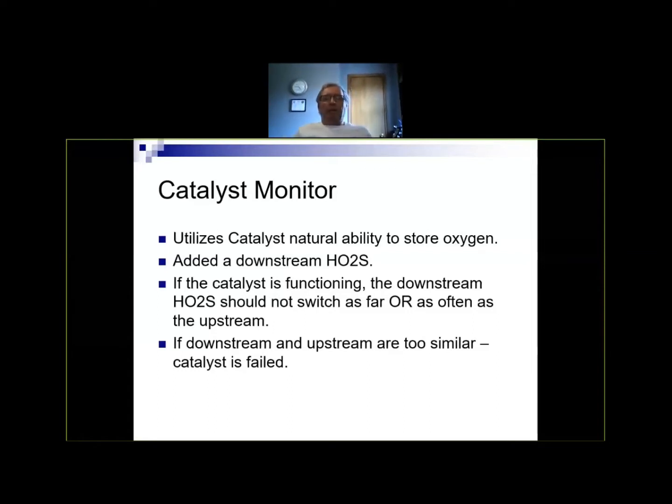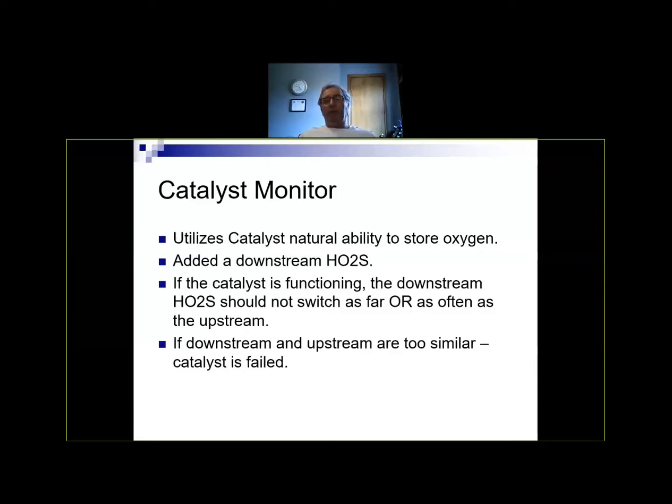So a catalytic converter has this natural ability to store oxygen. And so the way that plays in during the catalyst monitor, if there's a period of time where the oxygen content in the exhaust is high, the catalytic converter will absorb that excess oxygen like a sponge.